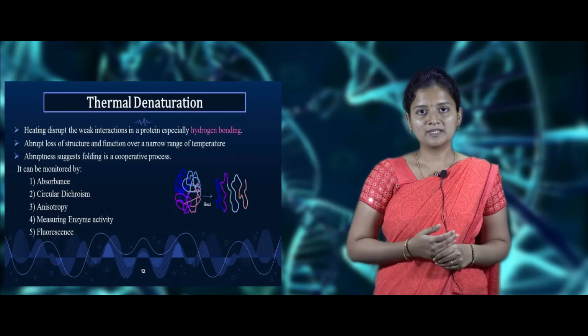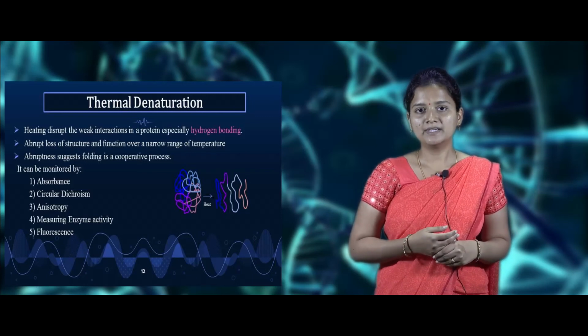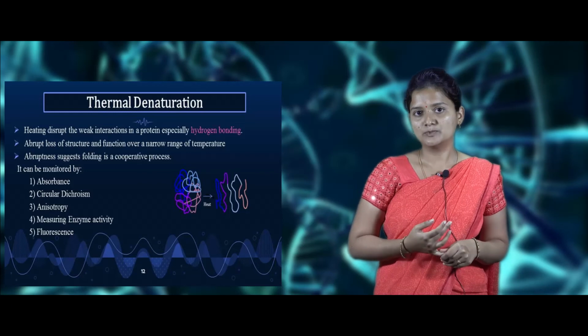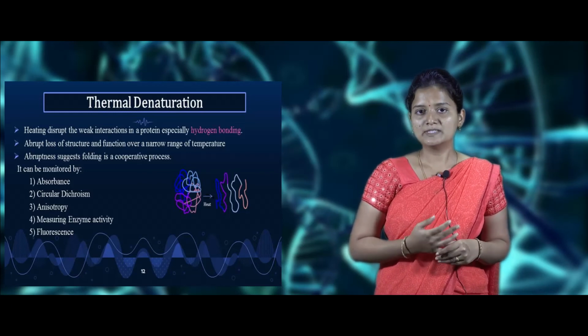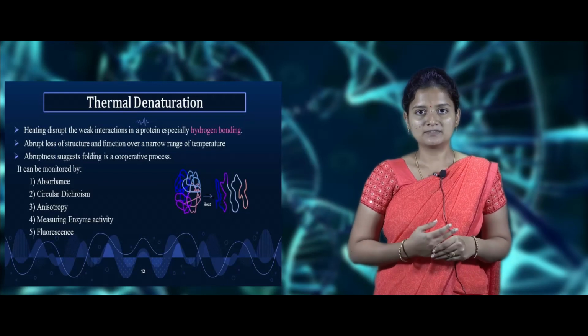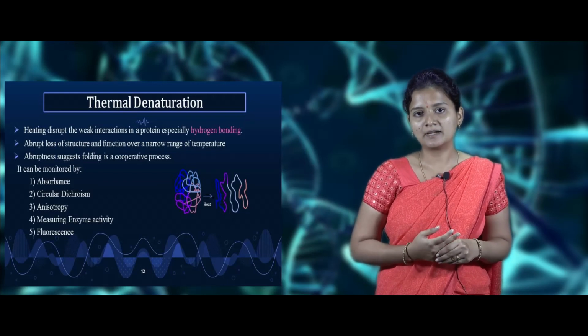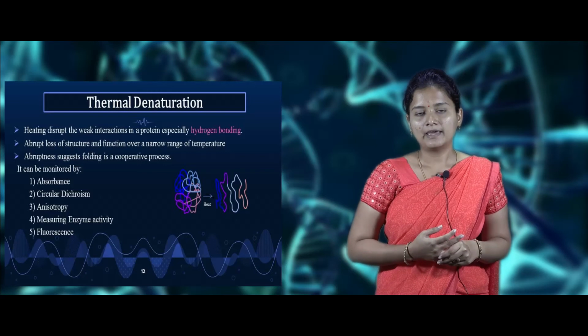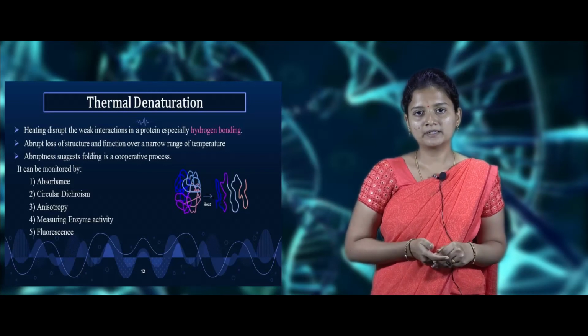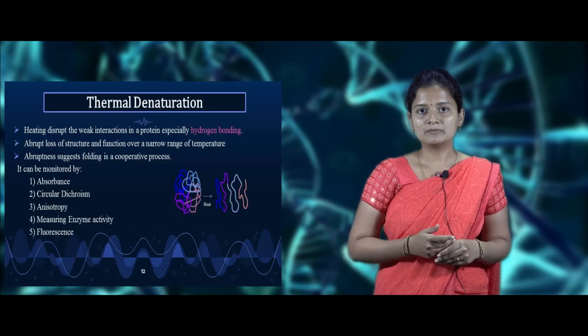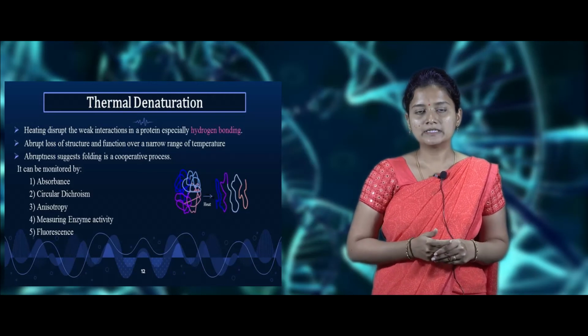The 5 major methods to determine thermal denaturation are: first is absorbance. Absorbance can be measured using colorimetry or UV spectrometry. Then enzyme activity, which can be determined using some assays. Then circular dichroism, which is a light spectroscopic technique that measures the difference in absorbance of left and right polarized light.